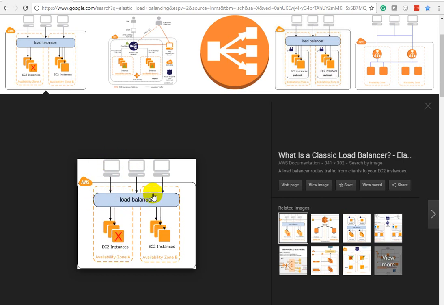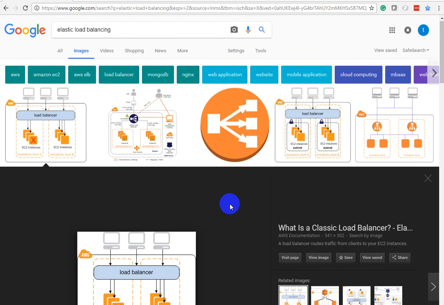Before they talk to the EC2 instance, they need to send a request to this load balancer, and the load balancer will determine which EC2 instance has the bandwidth to process this client request. Depending on that, it will divert the traffic either to here or here, whichever EC2 instance is available.